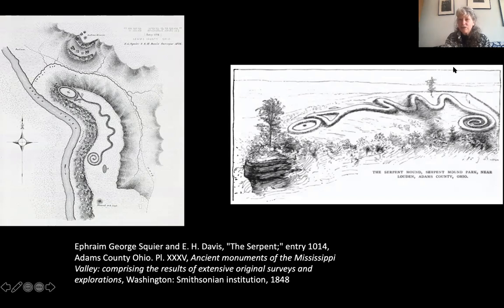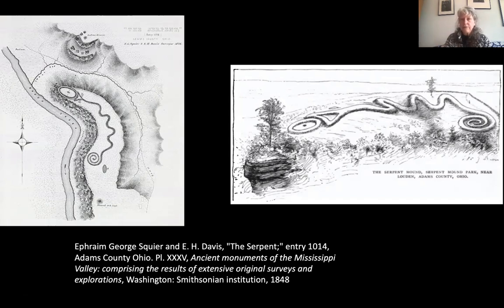And the tail is oriented towards the winter solstice sunrise, which is, in my house, kind of back over there. So it's possible that this has something to do with the sun, maybe a swallowing of the sun, like during an eclipse. It also was built around the time of Halley's Comet, but it doesn't really look like Halley's Comet. Anyway, Halley's Comet has just a straight tail, not a curvy tail like this.